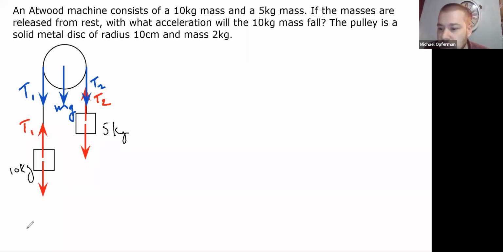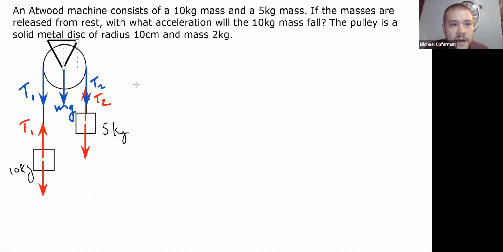And if you want to be really thorough, you can say, well, wait a minute, there's 3 downward forces on the pulley, so why isn't the pulley dropping during this process? Well, that's because, of course, the pulley must be hanging from the ceiling or something like that. It has to be anchored onto the ceiling. So you could say there must be some little system here for keeping the pulley anchored onto the ceiling.